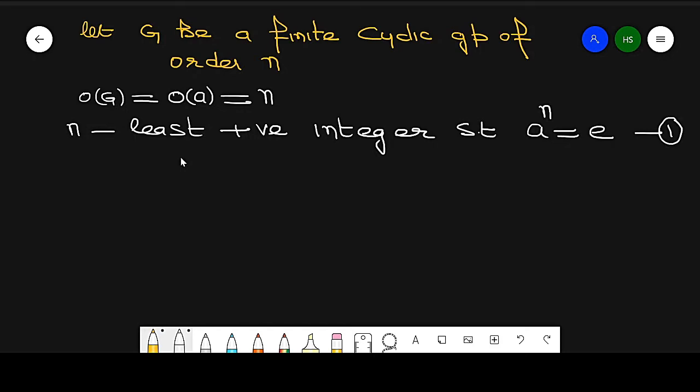Now my aim is to prove that G is isomorphic to Z by the subgroup generated by n. Again I define a map f from Z to G.